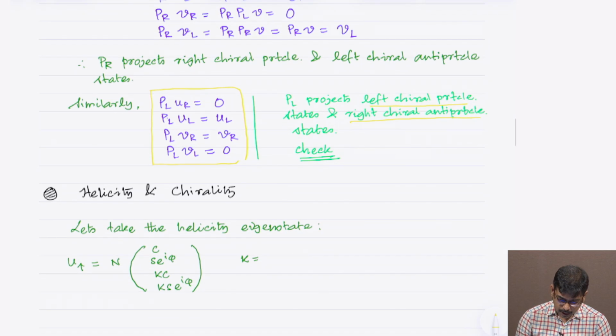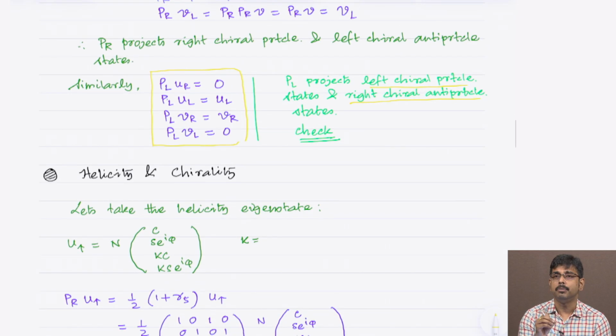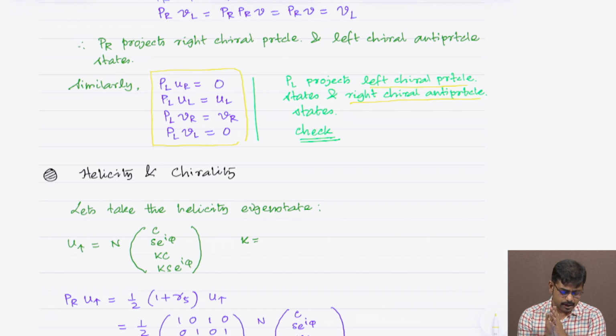And what we said is that the chiral states are nothing but the helicity eigenstates in ultra relativistic limit. But this raises a question: can I not define a relationship between helicity and chirality, not exactly in the ultra relativistic limit, but when we are in the normal relativistic regime, right.